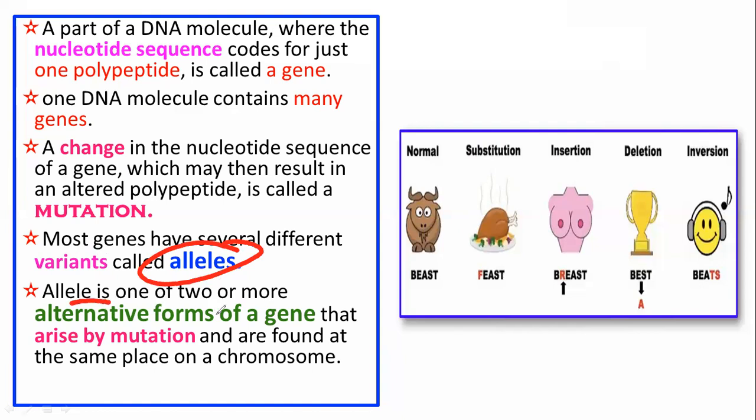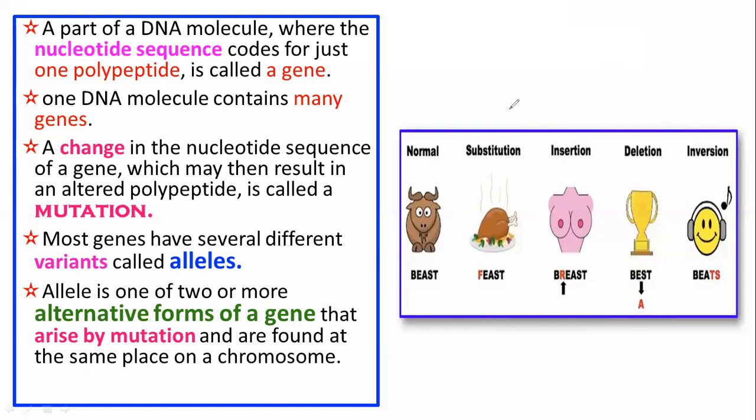So one allele can have different forms of gene: homozygous dominant, homozygous recessive, and heterozygous dominant. Sometimes there is some other change in the gene which arises by mutation, and these genes are found on the chromosomes.